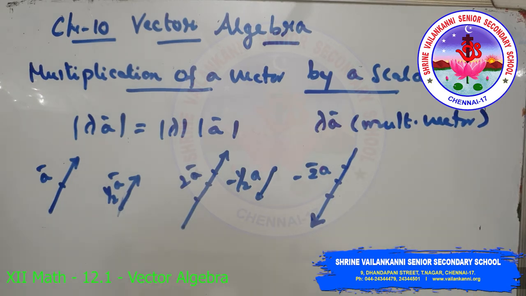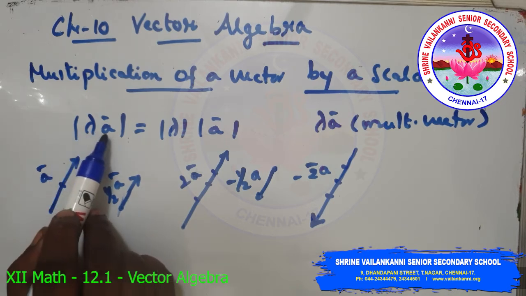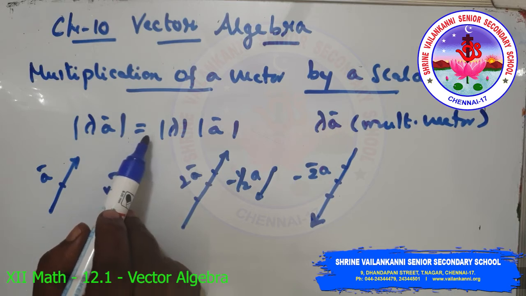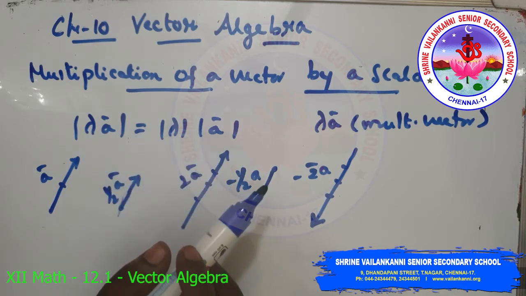Lambda A is also a vector collinear to the vector A. The vector lambda A has a direction same or opposite to that of the vector A, as lambda may be positive or negative. The magnitude of vector lambda A is the absolute value of lambda times the magnitude of vector A.